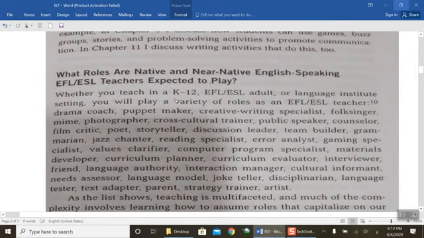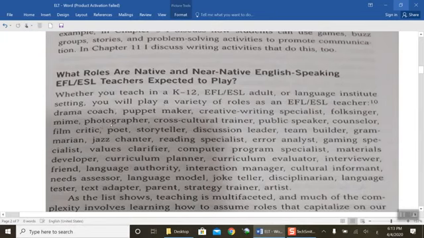Whether you teach in K-12, it's in school here, it means 12th grade, or ESL adult or language institute, whether in school or in language institute, you will play a variety of different, many roles. Okay, you have many roles as an EFL teacher.